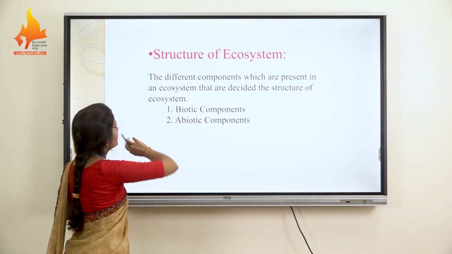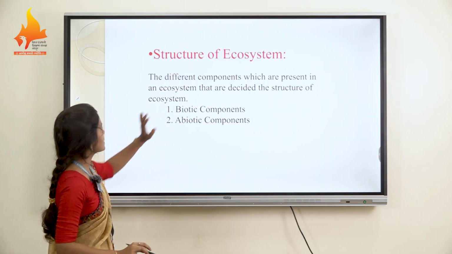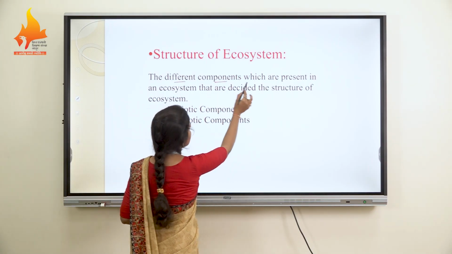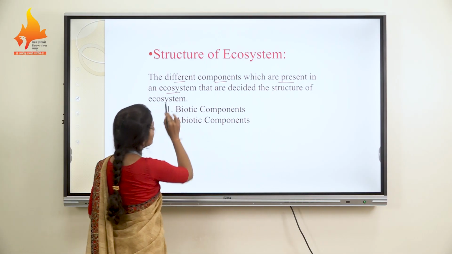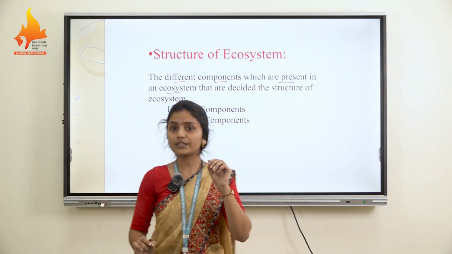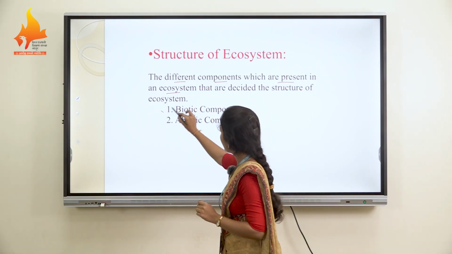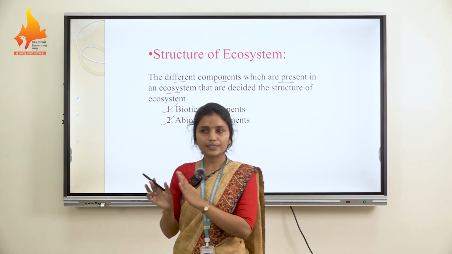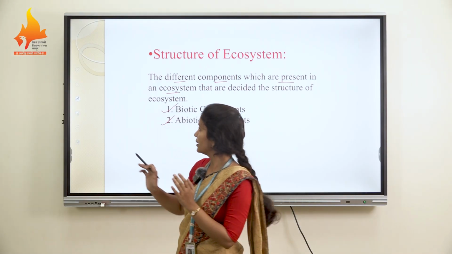Next, we will see the structure of ecosystem. The different components which are present in the ecosystem decide the structure of the ecosystem. And those components are the biotic component and abiotic component. Then what is biotic component and what is abiotic component? Let's study.